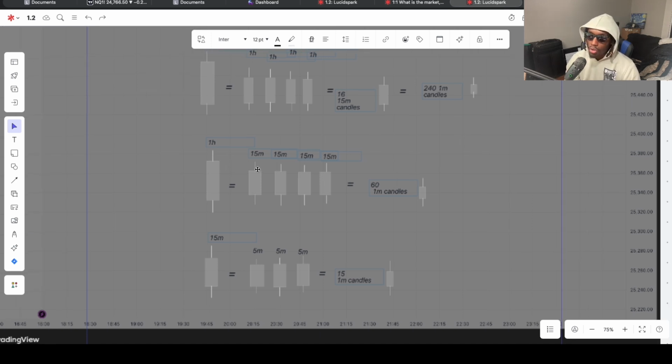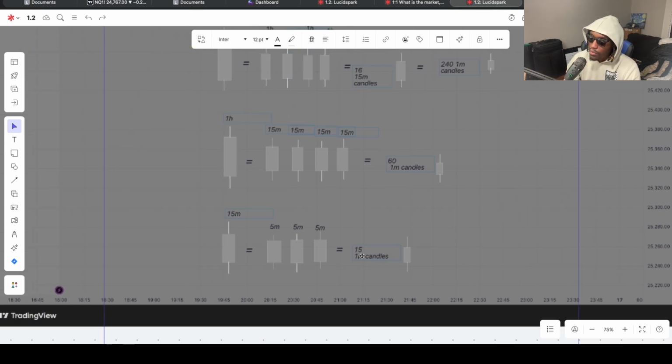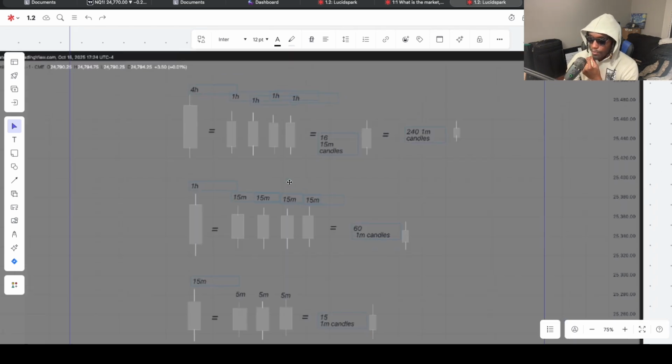So the lower that you go on the time frame, the more candles open up, the more data there's going to be, the more detail there's going to be. Then for the 15-minute, we have 3 5-minute candles, then there's going to be 15 1-minute candles in that one 15-minute candle. So that's just the nature of candlesticks.